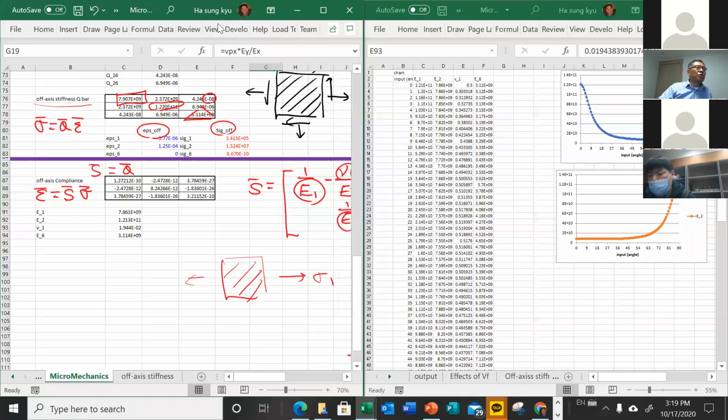So the tool you are learning right now will be your tool, and even after this course, it will be very useful for you to be able to use this kind of tool to double check this stress transformation and material transformation and so on.